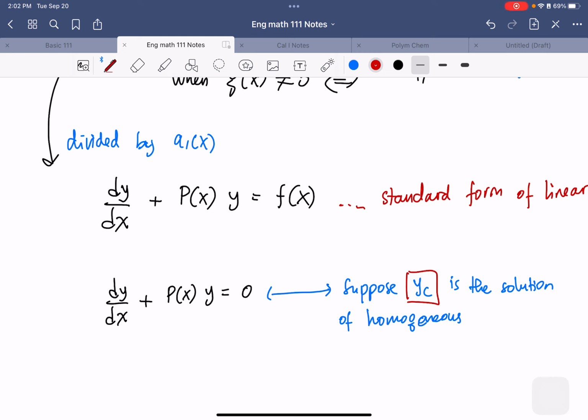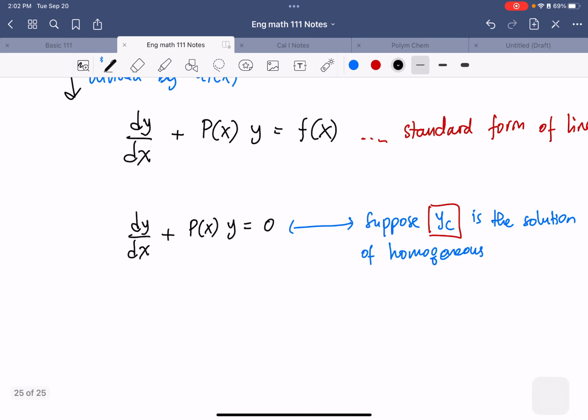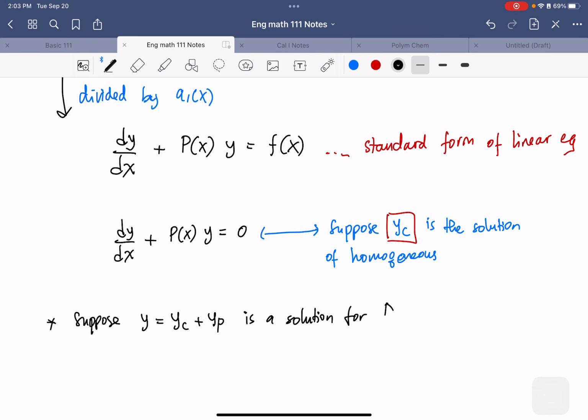So if we have this f of x, then we will have some solutions that will include this yc also. But there will be another one. So suppose y equals yc plus yp is a solution for the differential equation.